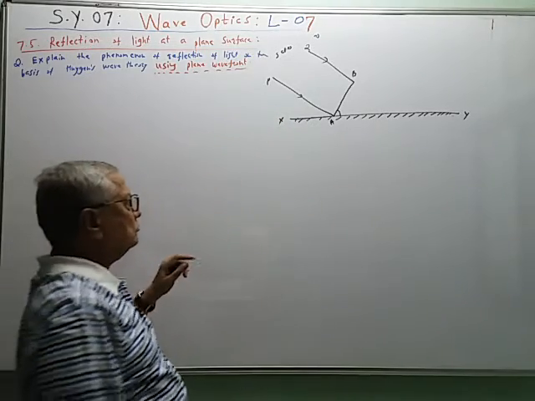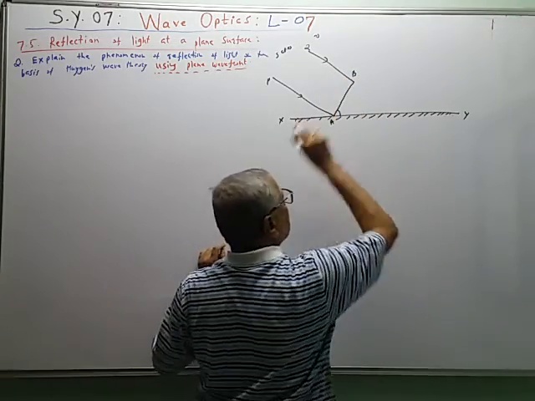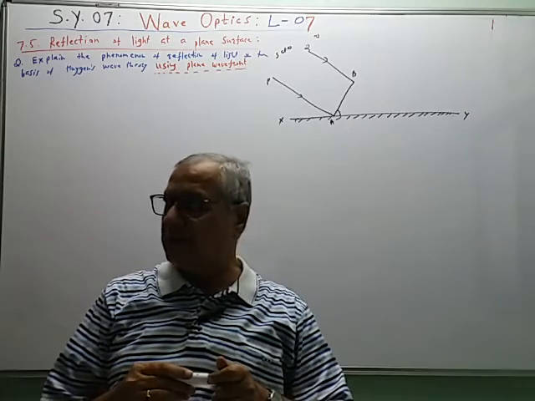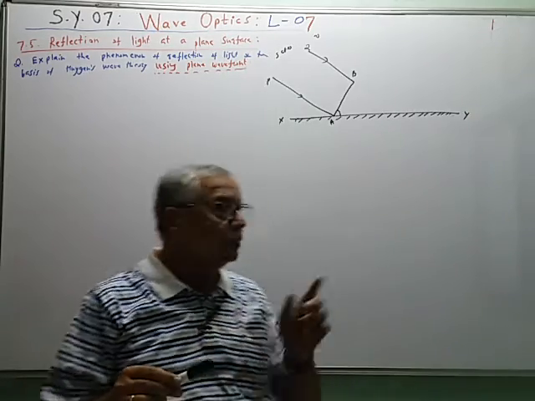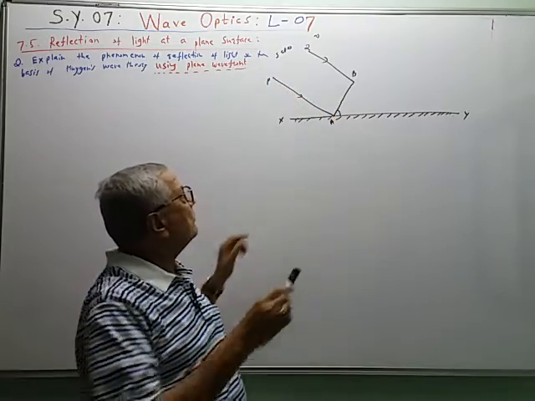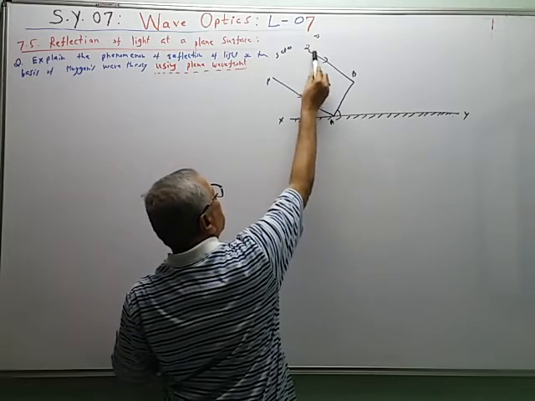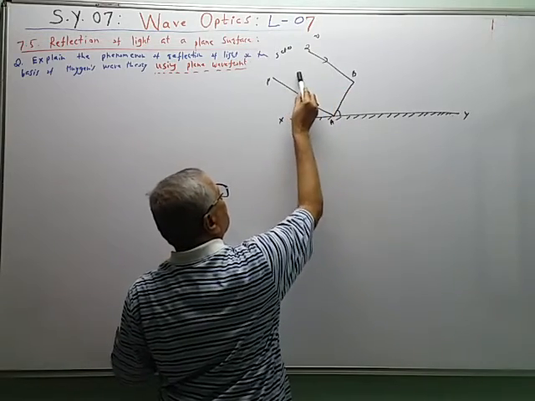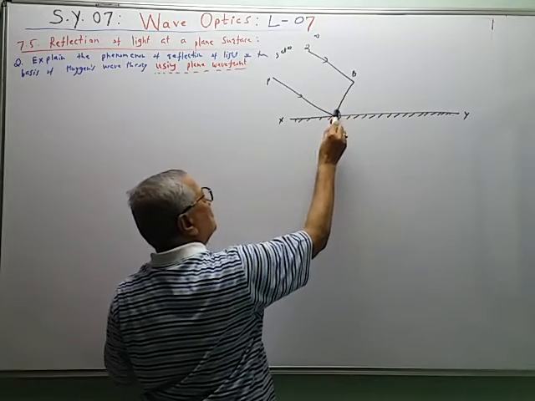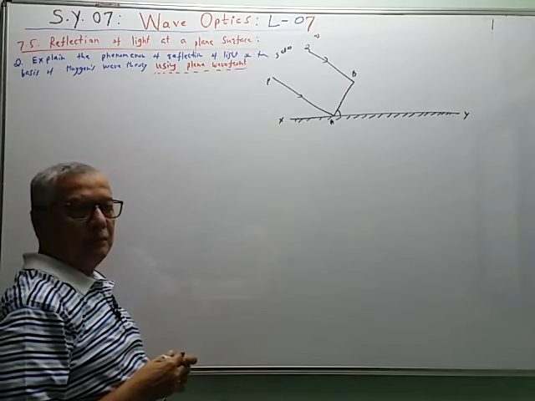Now we know the definition of wavefront. All the points on the wavefront receive the light wave simultaneously and they vibrate in the same phase. So A and B will receive the light waves simultaneously. These are the primary waves. One primary wave is moving in this direction, another primary wave is moving in this direction, and the remaining primary waves are going like this. So all the points from A to B will receive the light wave simultaneously.